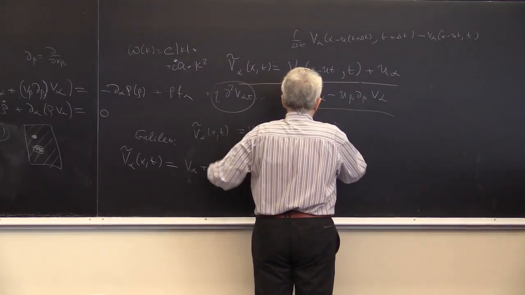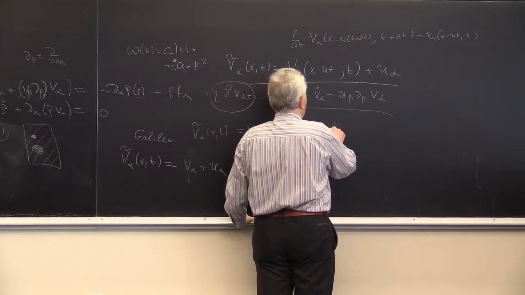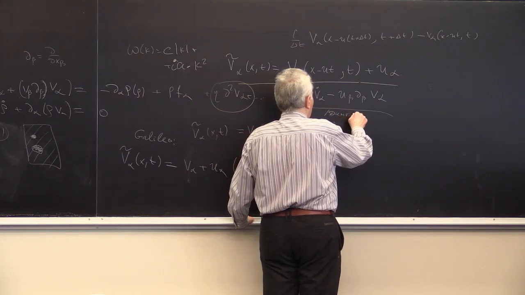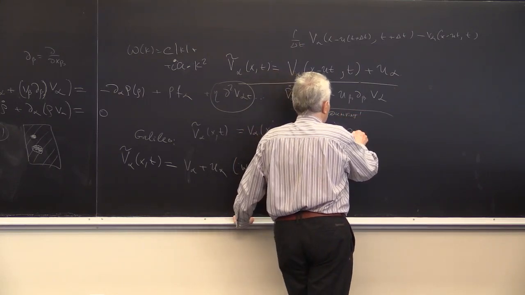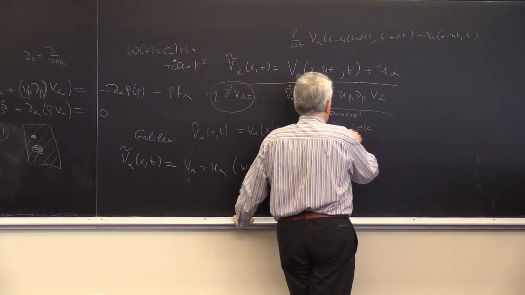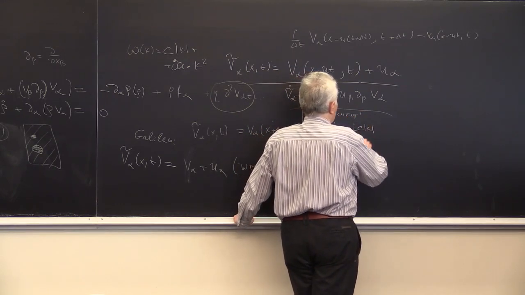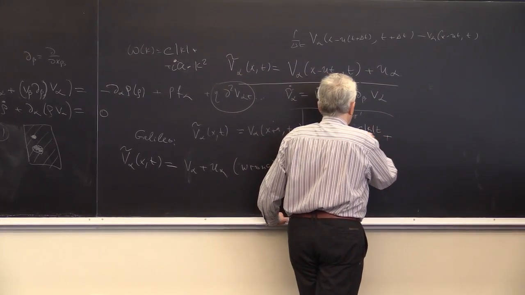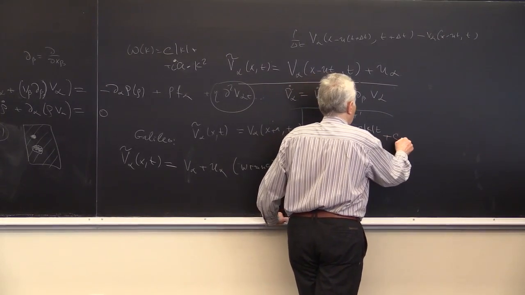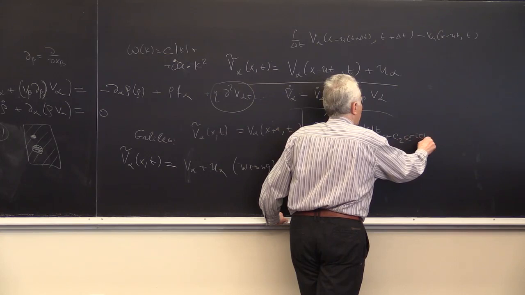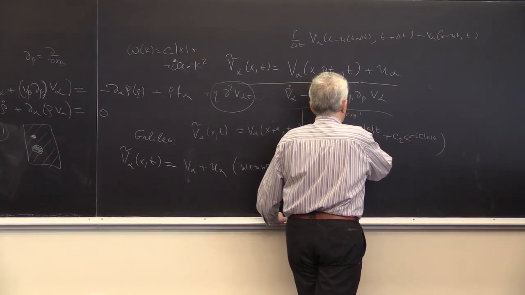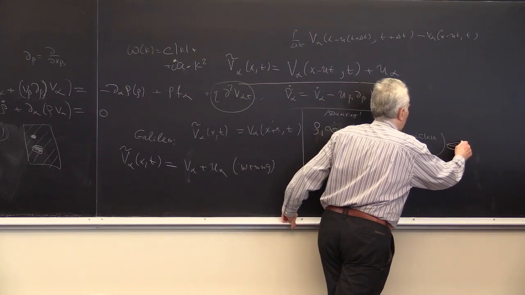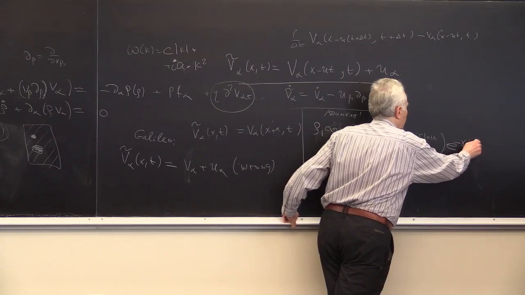It's easy to check from here that the fluctuation of density with damping contains C1 e^{ickt} plus some C2 e^{-ickt}. That's the answer without viscosity, and there will be overall e^{-γk²t}.